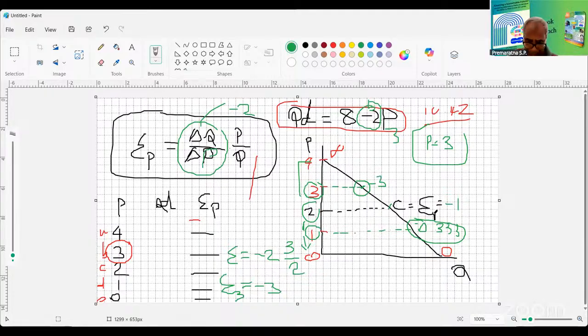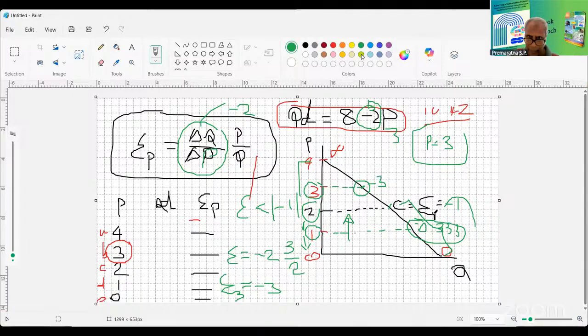If you know the price elasticity, if the price elasticity is less than 1, which means we are talking about a range, the price elasticity less than 1 in absolute terms, as a strategy, increasing the price is the best way if you want to increase the revenue.